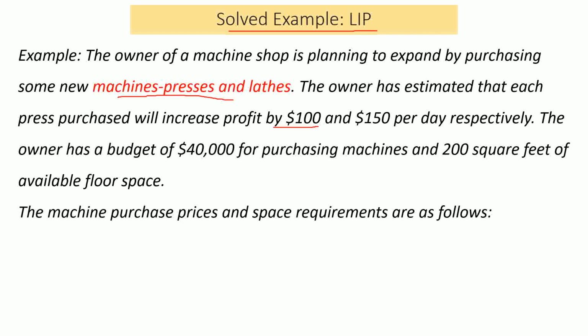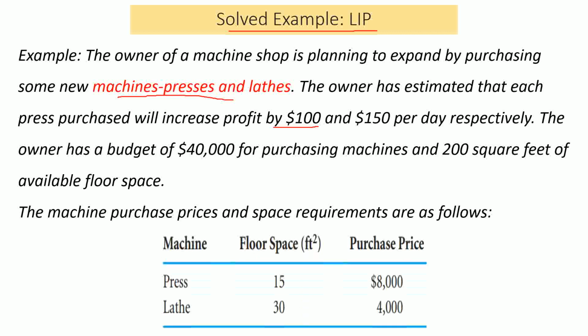The machine purchase price and the space requirements are as follows. This table shows that the press machine requires 15 square feet of space and its price is $8,000. And the lathe machine requires a floor space of 30 square feet and a cost of $4,000.